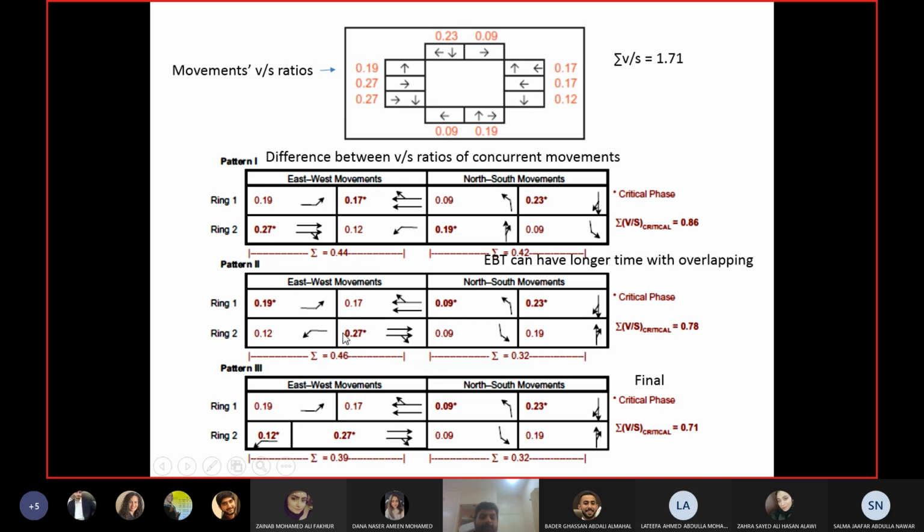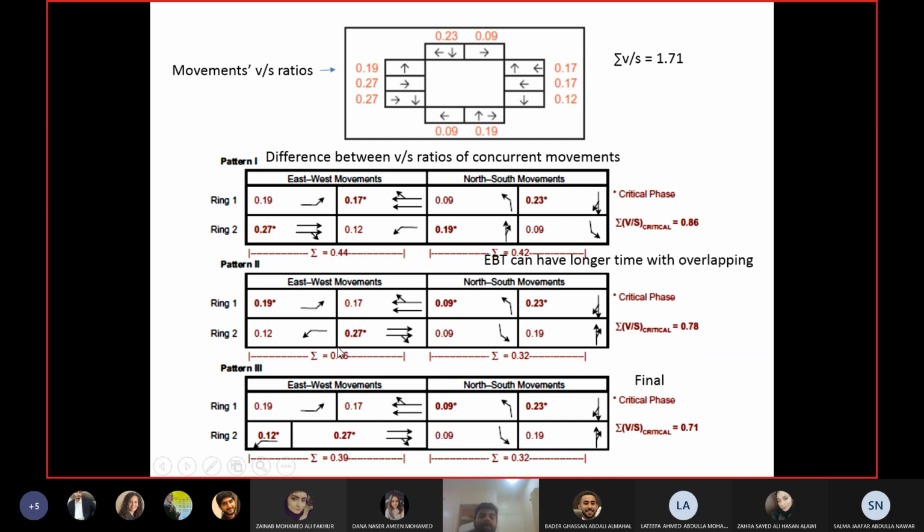Now if you add the V by S ratio for critical movements, 0.19 plus 0.27, 0.09 plus 0.23, you have made it better. It was 0.86 earlier, now it is 0.78. So you have made it better, and it is less than 1. You can stop here if you want.